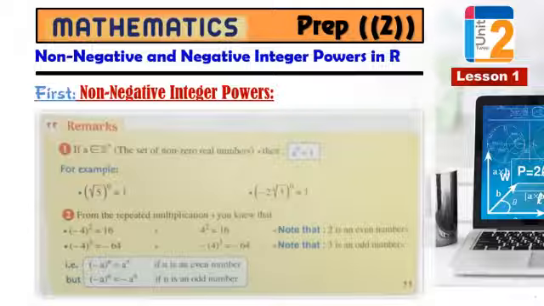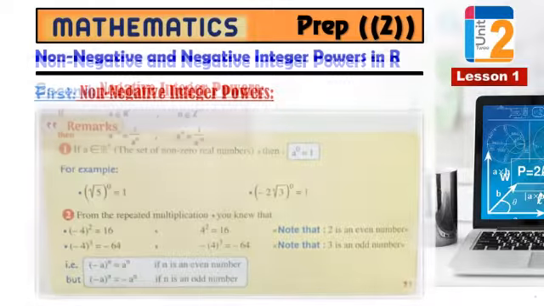It means the sign is not cancelled if the power is an odd number. So the rule is negative a to the power n equals a to the power n if n is an even number, and negative a to the power n equals negative a to the power n if n is an odd number.